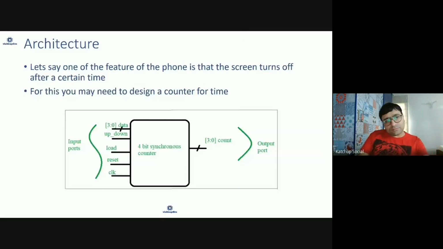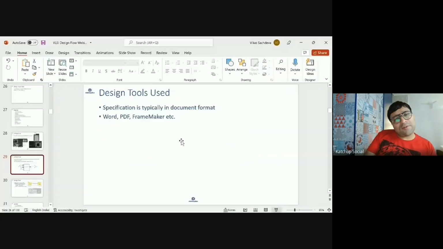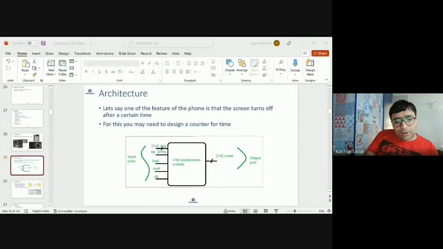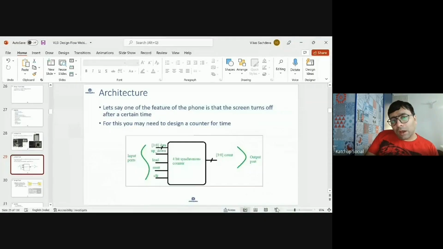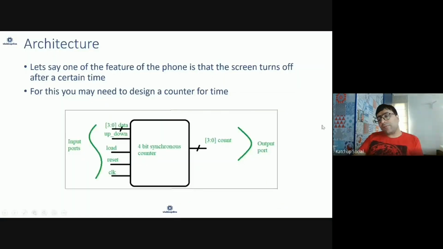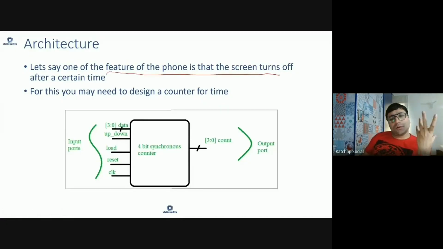Okay. So let's talk about a specific, very small, basic example to explain this concept. Let's say you're designing a cell phone, right? One of the features of the phone, which is stated in the specification, is that your screen turns off after a certain time.